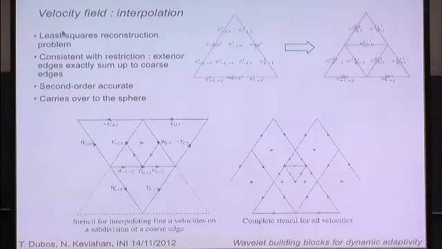And the property of the interpolation formula we can build is that it's consistent with the restriction. That means that after I have interpolated, the sum of these two red arrows is exactly my blue arrow here. And it's second order accurate on the regular hexagonal grid on the plane.